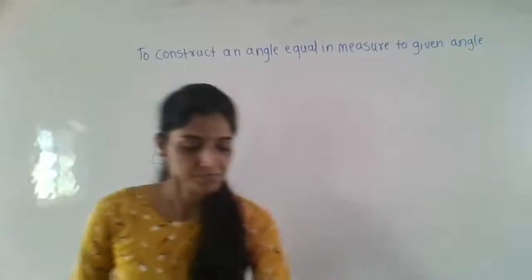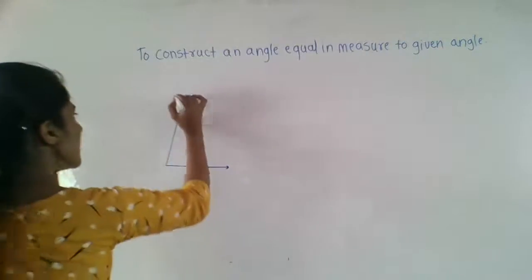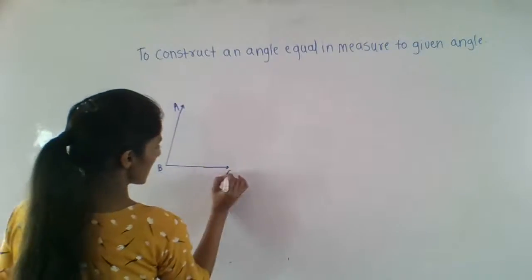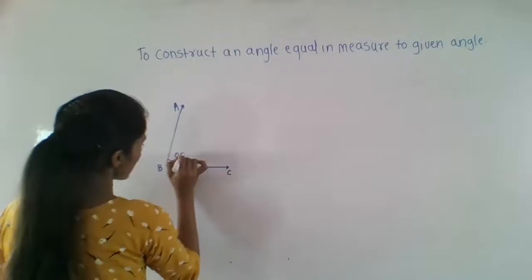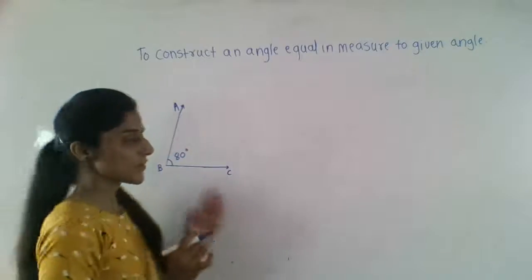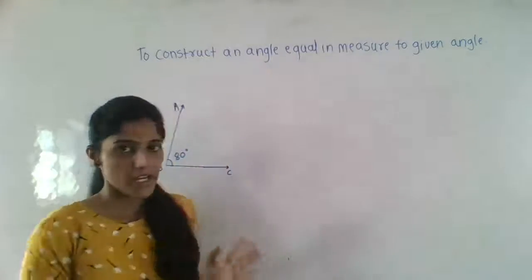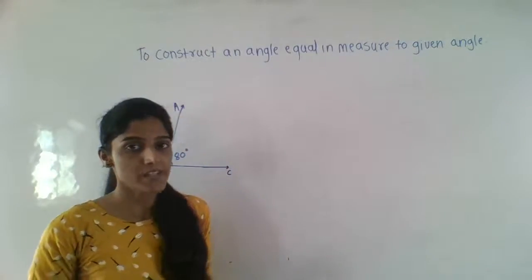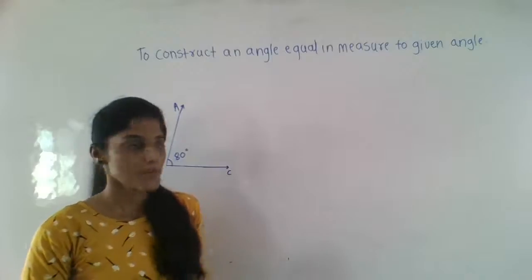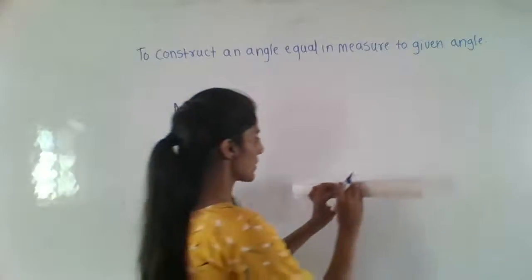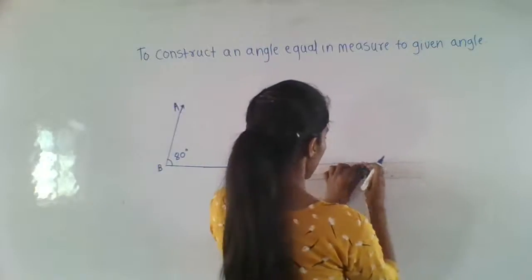Now this is angle ABC of measure 80 degrees. Now we want to construct another angle of measure 80 degrees. Suppose we want to construct angle PQR of the same measure, and first we draw ray QR.